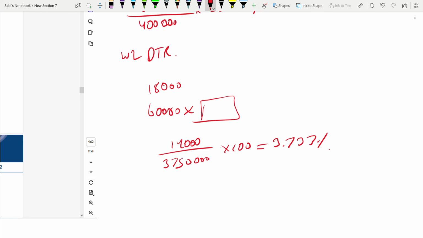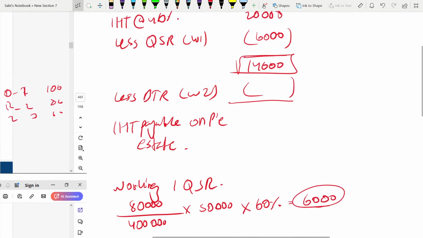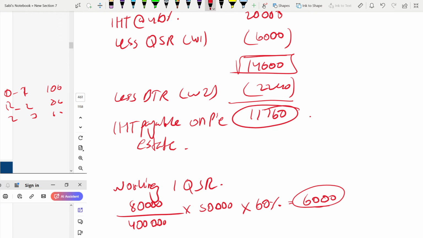This is the percent you have to put here. 3.733% of 60,000 is 2,240. So if you see 18,000 and 2,240, which one is lower? DTR is the lower of the two. This one, 2,240. So if you deduct from 14,000, it's 11,760. This is your IHT.